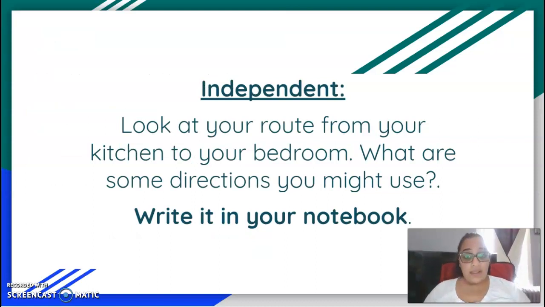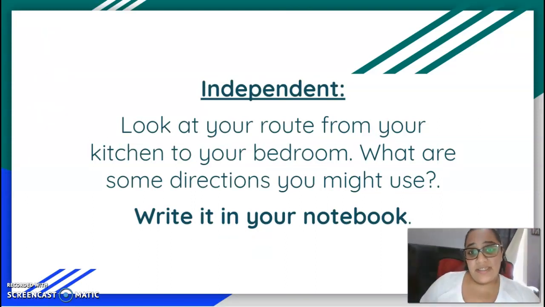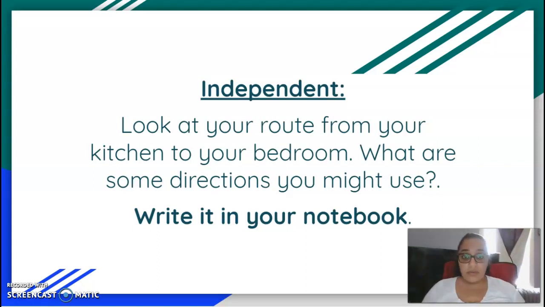So now that we know a lot about cardinal directions and how to map out a route, what I want you guys to do is look at your route from your own kitchen to your bedroom. What are directions you would use to help you get there?